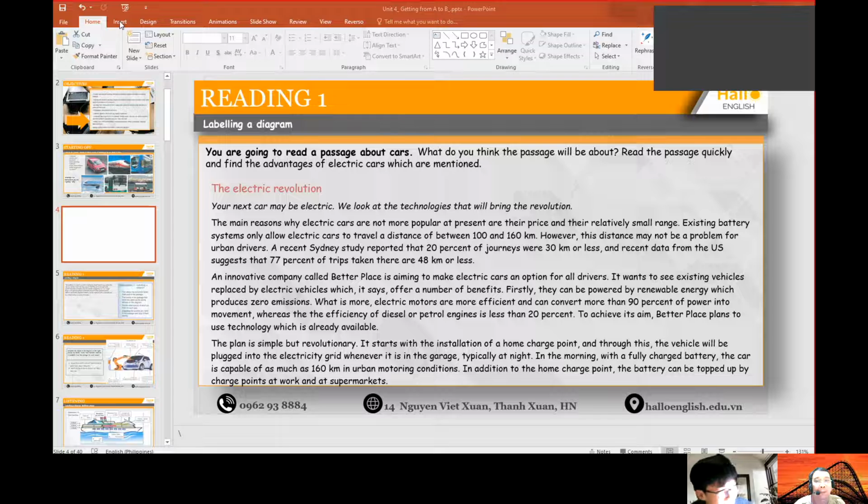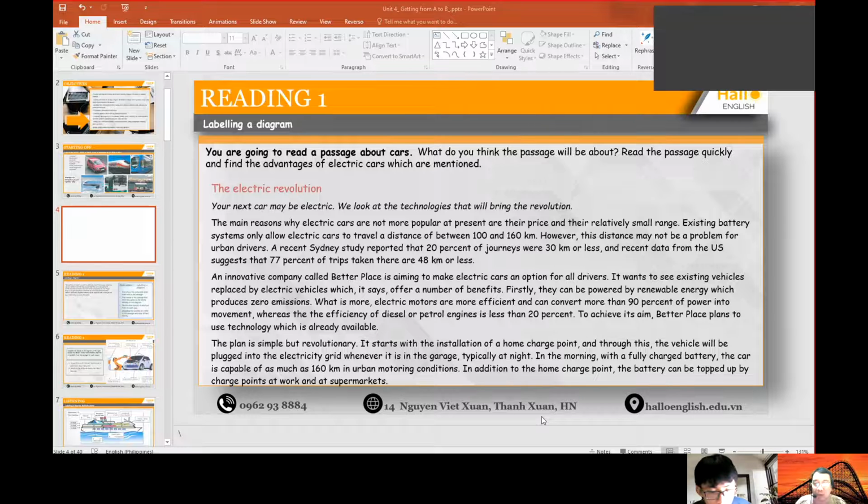Okay, first, where can you find the advantages? This one is the introduction, and then this one is the first paragraph of the body, the second paragraph, and then the third paragraph.